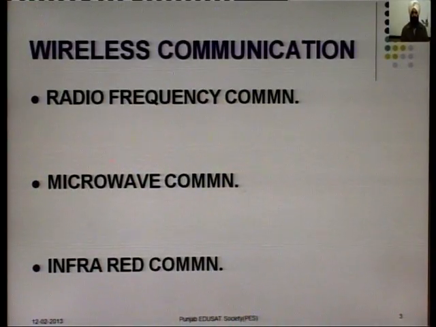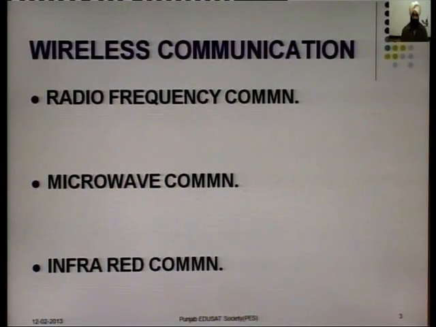Wireless communication can be of three kinds: radio frequency communication, the range in which the radio frequency is transmitted, the radio broadcasting is done from one place to another place over a specific range.